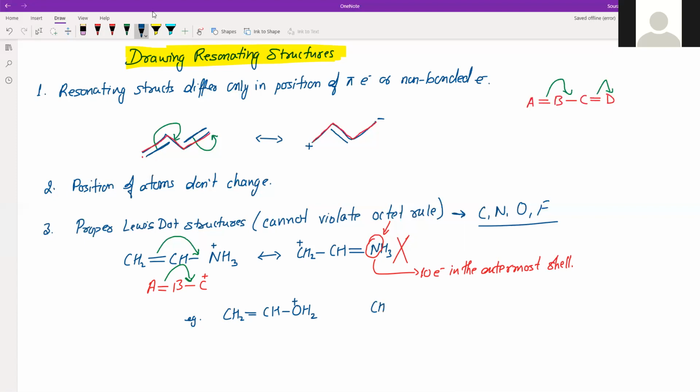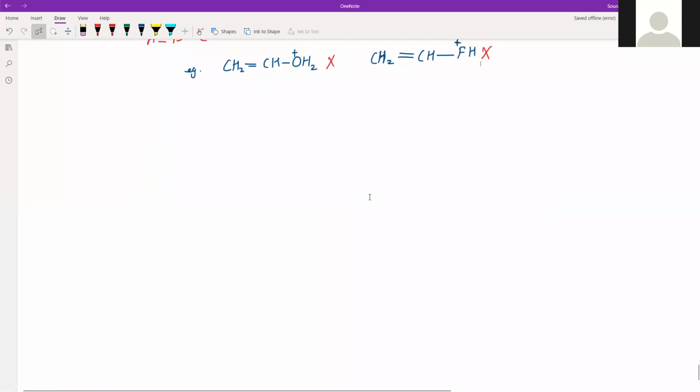One more example, let's take F as well: CH2 double bond CH, and instead of O, we have FH with a positive sign. Again, one more bond with F is not possible. All these cases violate the Lewis dot structure, so that is not possible. So these are the 3 points.